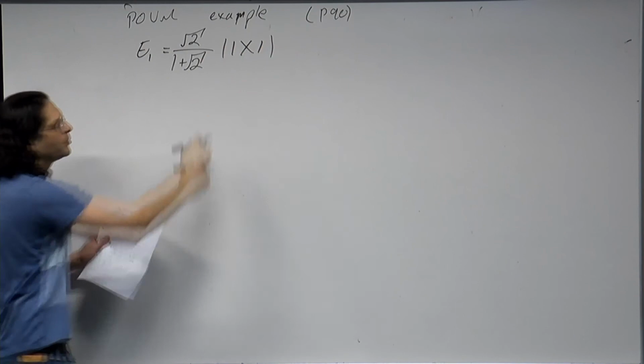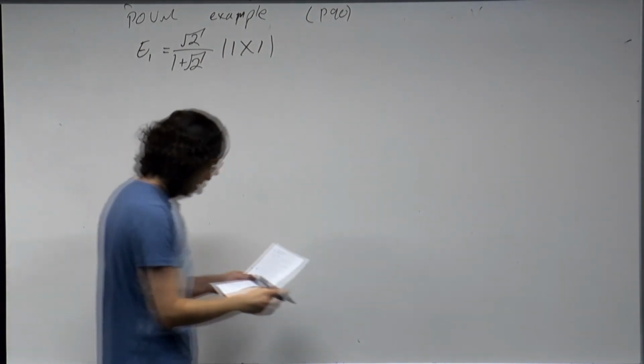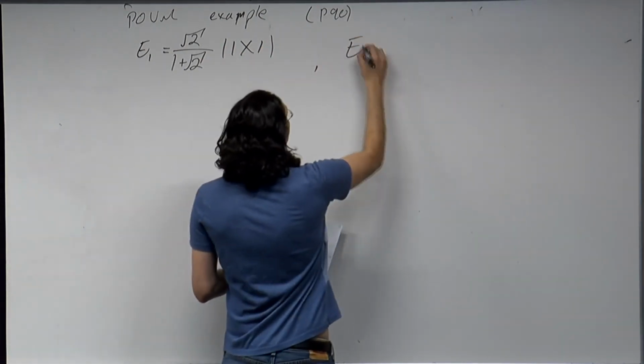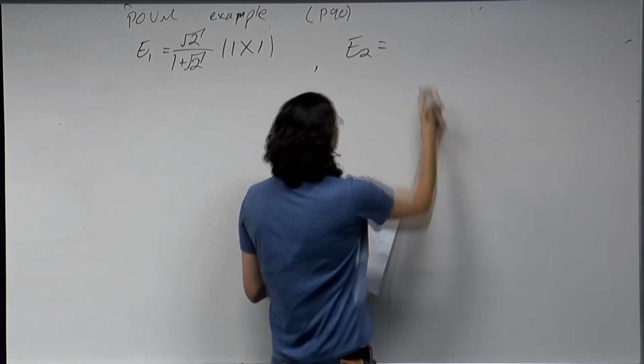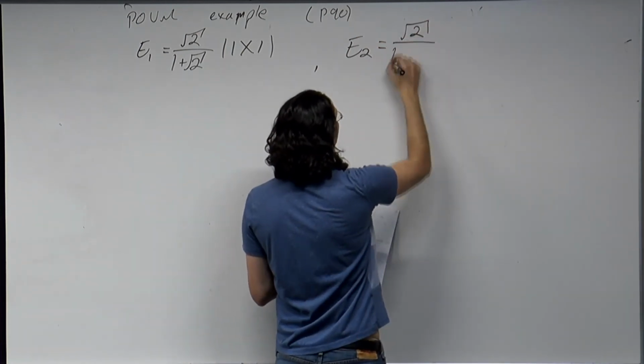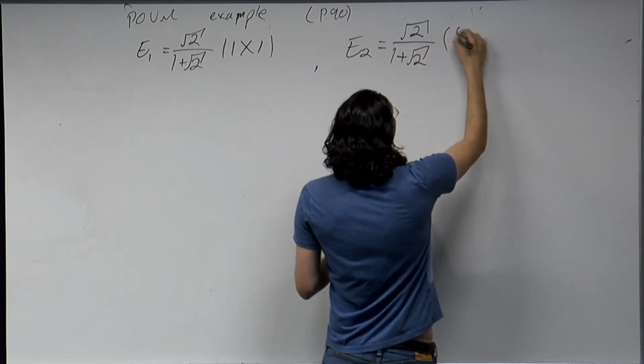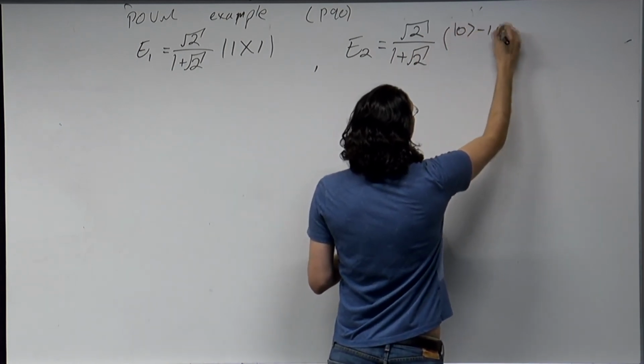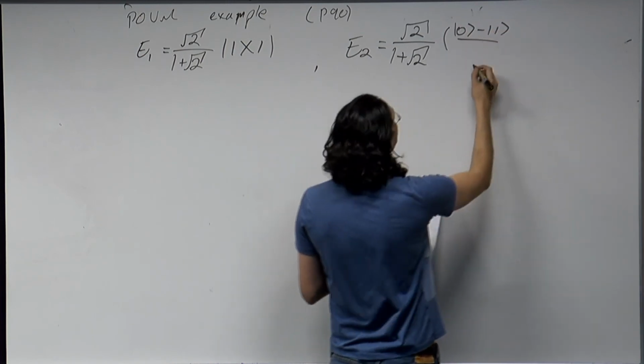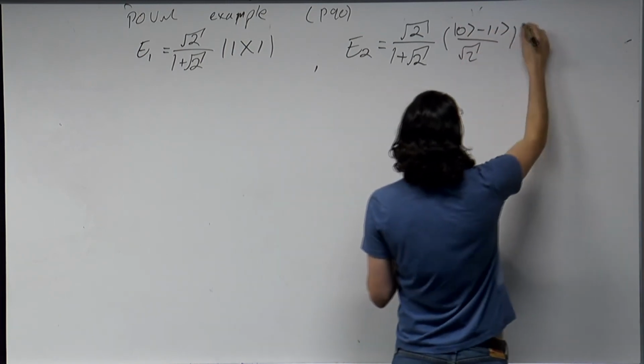You can ignore the normalization factors, they're not that interesting. E2 is going to be 1 over square root of 2, 1 plus square root of 2, times 0 minus 1 over square root of 2.